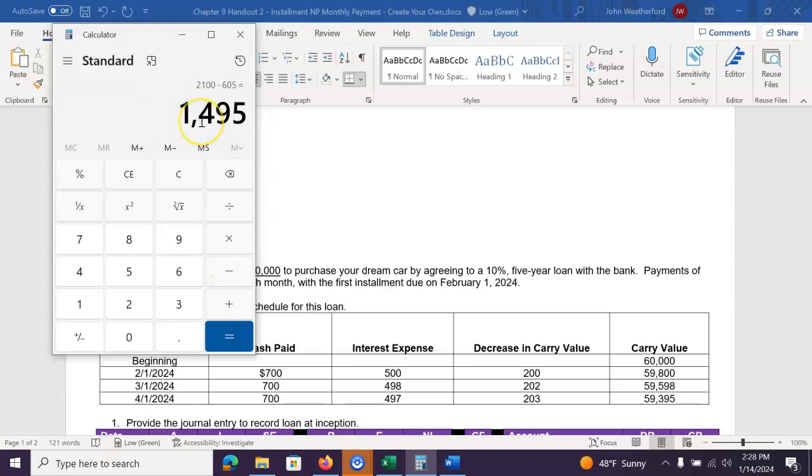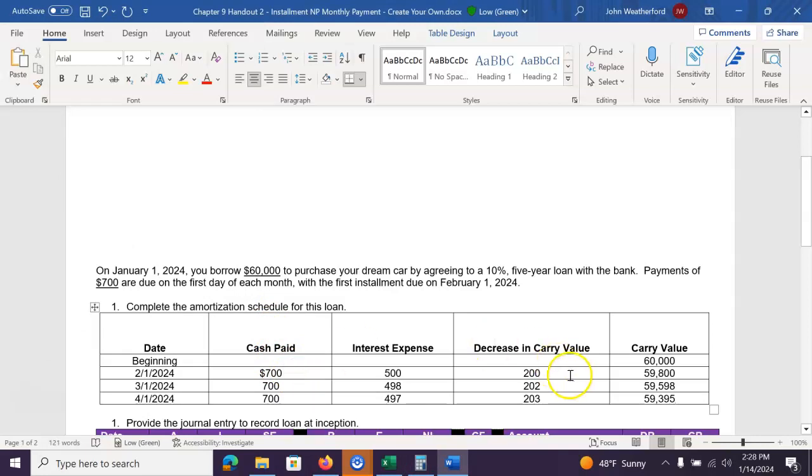So out of the $2,100, you've paid $1,495, almost $1,500 in interest, and you've only reduced the loan balance by $605. So it's kind of a double whammy on this dream car purchase here.